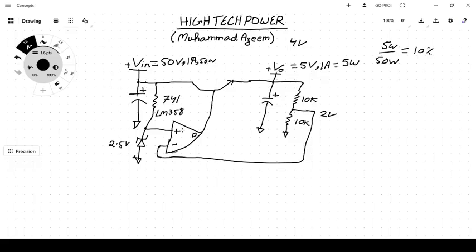Before discussing the comparator, I will tell you about the op amp. If there is a difference in the input voltage level, for example, on the positive terminal there is a fixed 2.5 volt, and on the negative terminal there is 3 volt, then only 0.5 volt difference would go to the output of the op amp, which would control this series pass element.